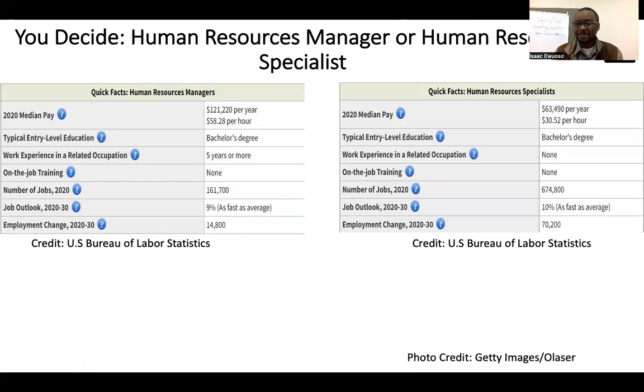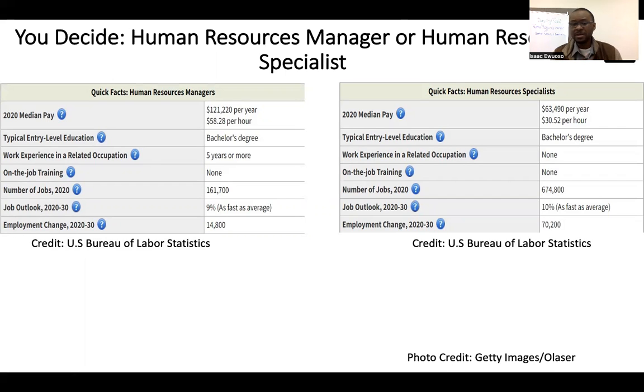In comparison, the human resources generalist made at least $600 to $3,449 in the year 2020. In terms of entry level education, you just need a bachelor's degree. The same goes for human resources manager.